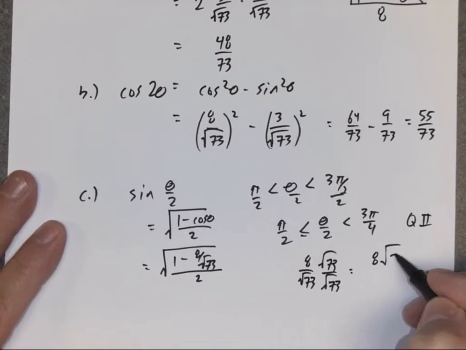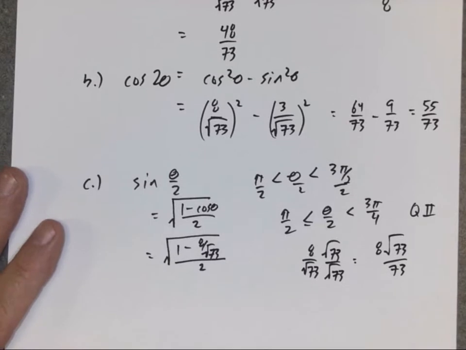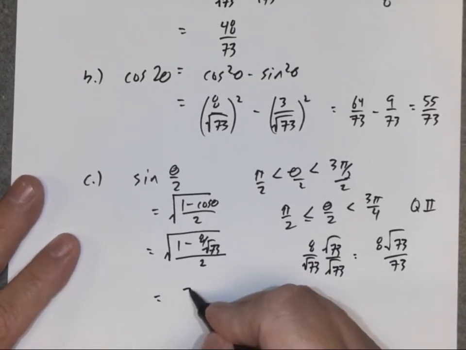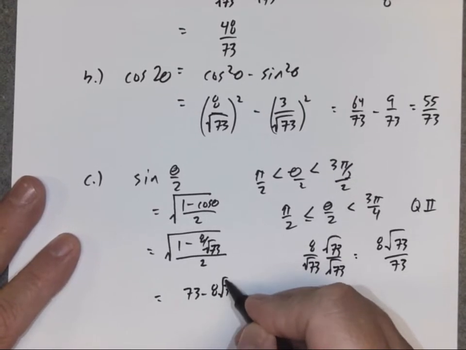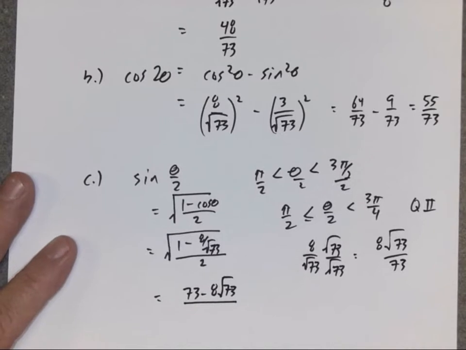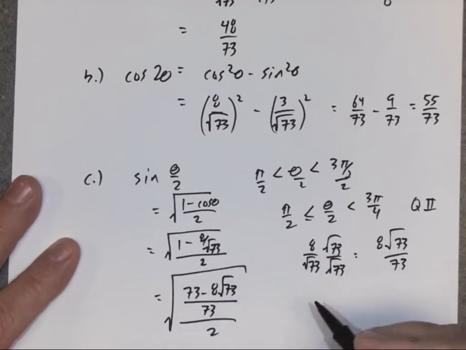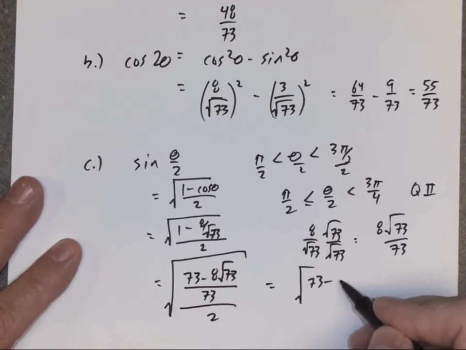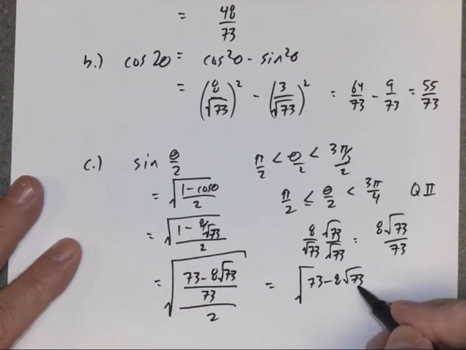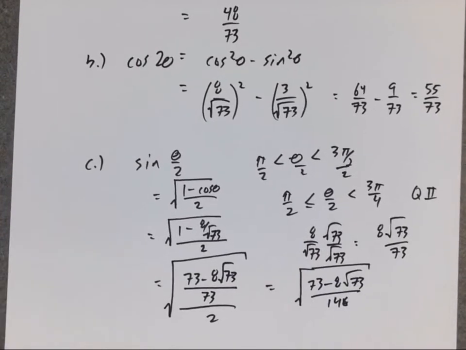So this is 8 square root of 73 over 73. And then of course 1 ends up being 73 over 73. So I end up with 73 minus 8 square root of 73 over 73 all over 2. If I combine those, 73 minus 8 square root of 73 over 146. Wow, very messy.